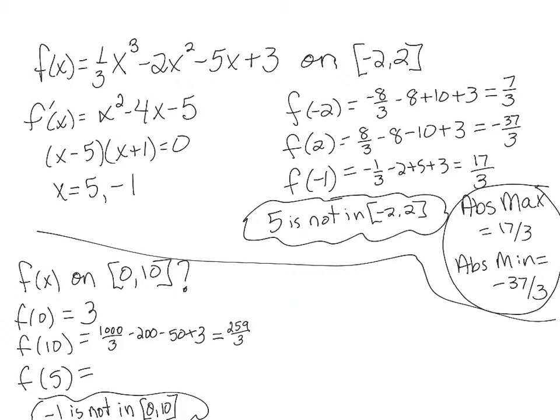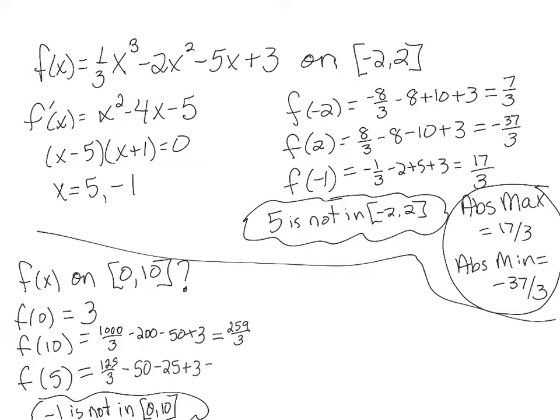All right, plugging in the 5. 5 cubed over 3, yeah, 125/3, minus twice 25, minus 25, plus 3.